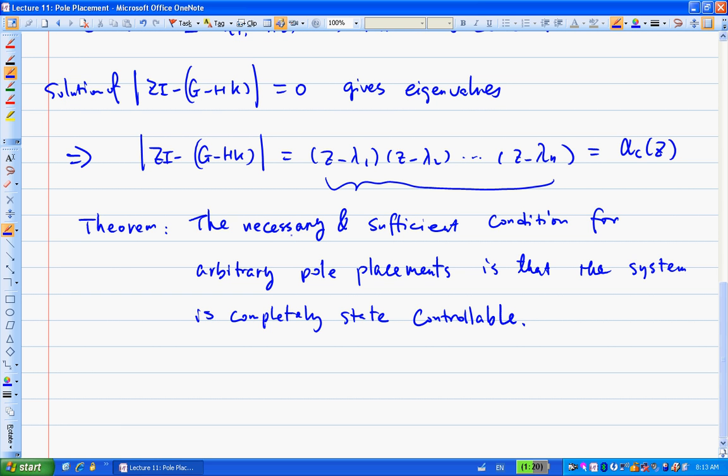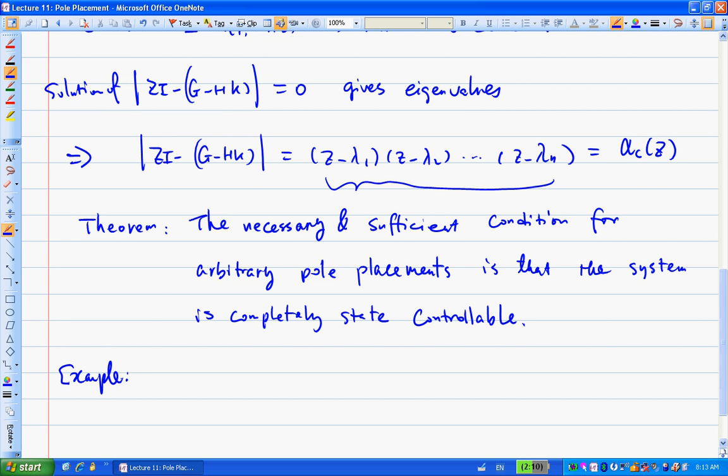So now, if you want to do a pole placement design, the necessary and sufficient condition for arbitrary pole placement is that the system is completely state controllable, which basically means if the system is controllable, you can place the poles anywhere you want. Of course, you don't want to place unstable poles, but that's basically the meaning of this, right? Okay, so let's take an example right here.